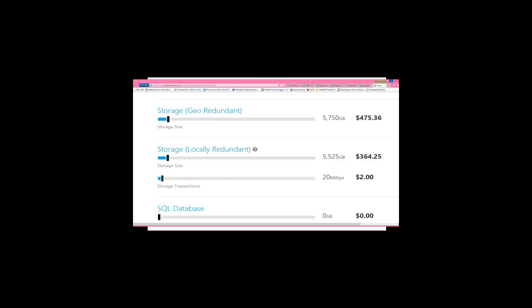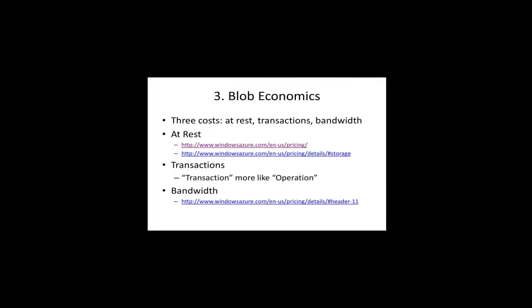Every time your operating system did something, or just running your operating system, it's constantly interacting with its disk, which is a blob. So before the price adjustment, you would have got 2 million for $2, or 1 million for $1. Now you get 10 times that for your buck. So that's at rest and transactions.